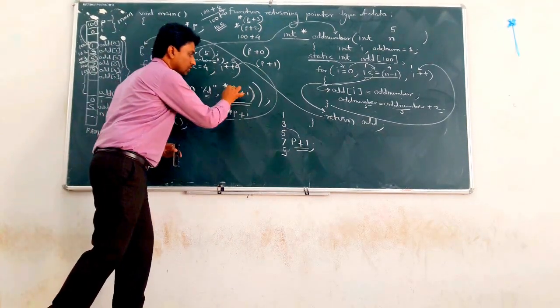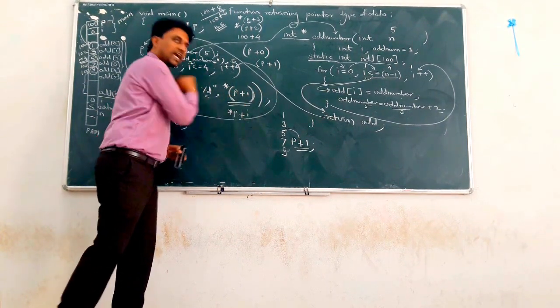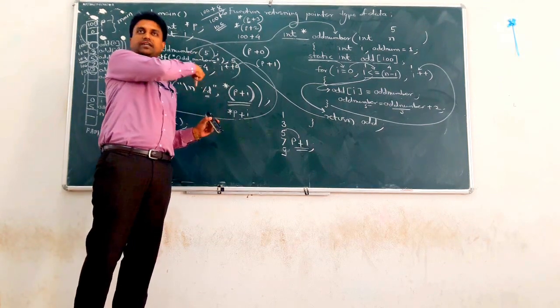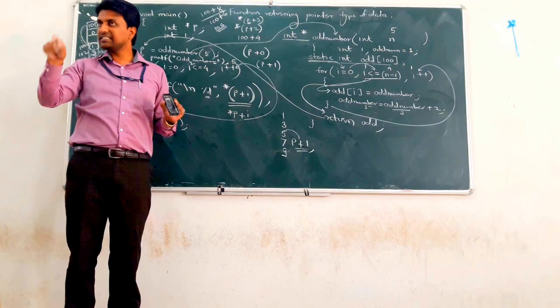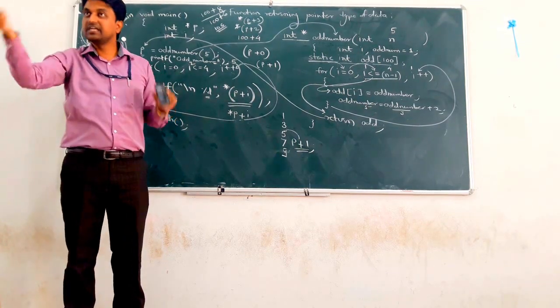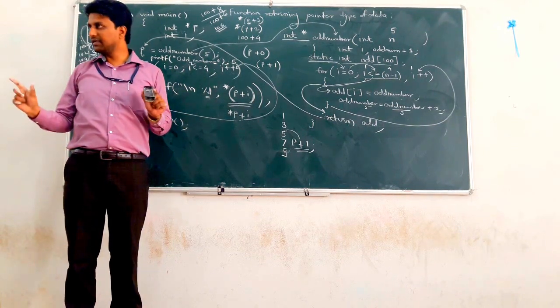So give parentheses properly. It means we first execute P plus I, and then the star. First we execute P plus I, that is, P is the address, plus one location next, and then the value at that address location. Clear?